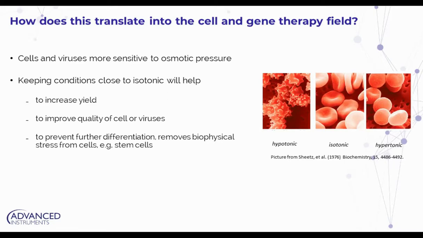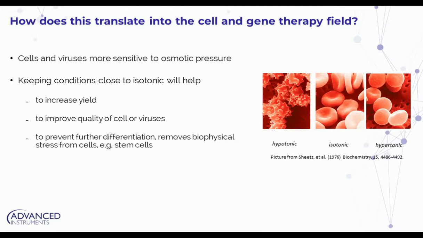In the middle, you see how happy the red blood cells are. They look like donuts in isotonic solution. In hypotonic solution, they start to increase in volume until they would burst. In hypertonic solution, they shrink and get a kind of blur.